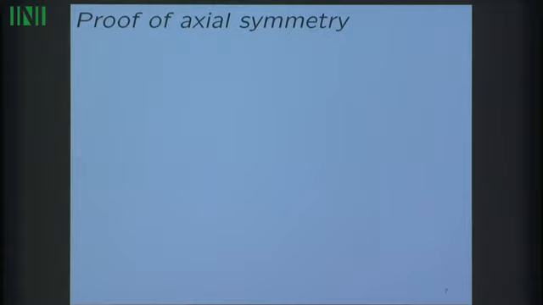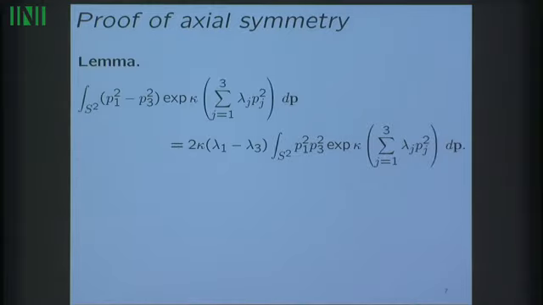And okay, so it's based on this lemma. This is just an integral identity for functions on the sphere. I've written it down for lambda 1 and lambda 3, but you can permute things to get different versions. So now, why is this true?